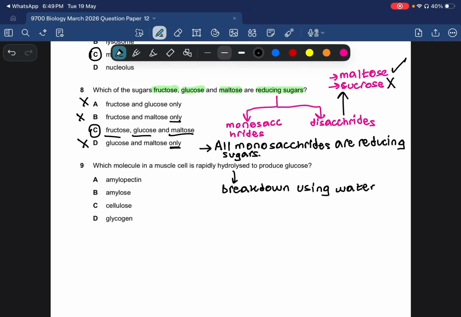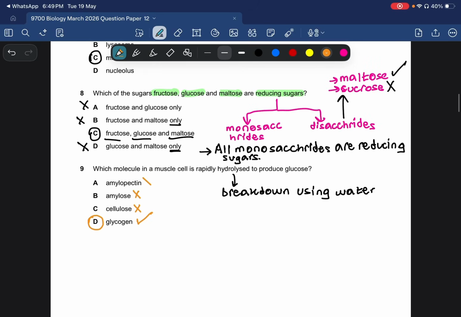Cellulose is the polymer used in plant cells, so you never break down cellulose to make glucose. You just break down glycogen in order to produce glucose. You don't break down amylose or amylopectin. These two polymers are part of starch, and starch is present in plant cells and not in a muscle cell.